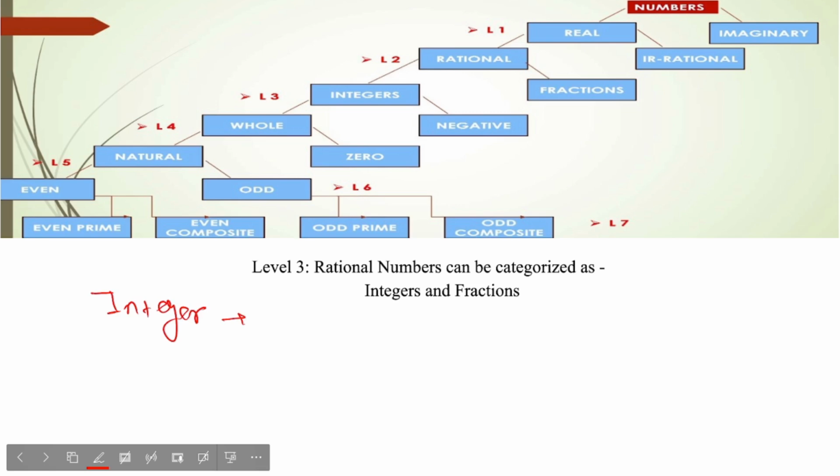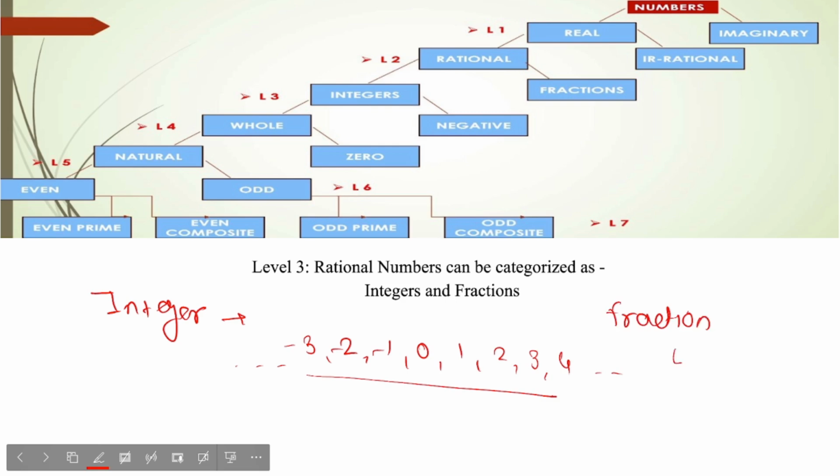It can be minus 3, minus 2, minus 1, it can be 0, it can be 1, 2, 3, 4, but it is always present in a stand-alone format. And a fraction value is always in a fraction format.